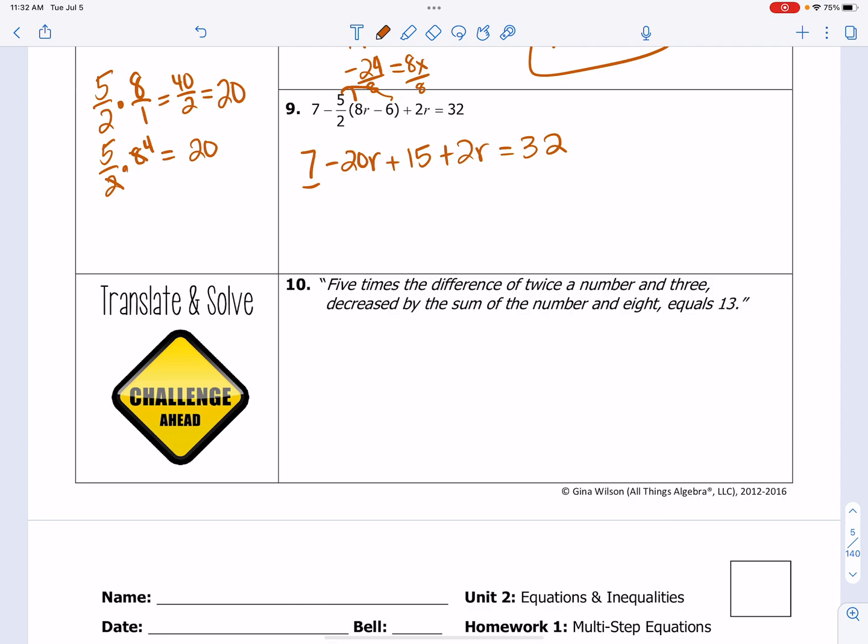So now I have these are like terms. That's 22. These are like terms. That's a negative 18R. I'm going to minus 22 and minus 22. So I get a negative 18R equals 10. Okay, but if you divide, it doesn't go in there evenly.